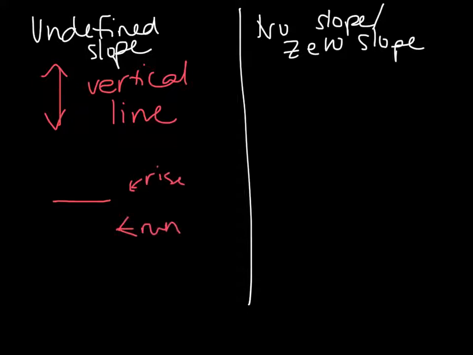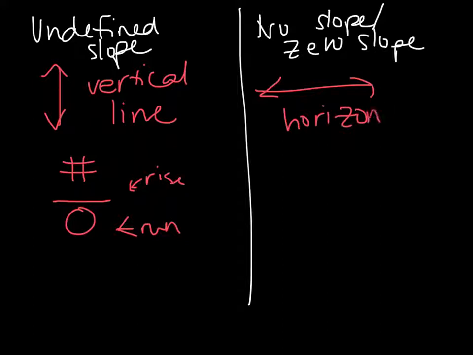Well, in this case, there is a lot of rise, so there's going to be a number here, and my run is going to be 0. So if I get that, it tells me it's an undefined slope. No slope is a horizontal line, and when I get that fraction, there is no rise, but there is going to be a number here for the run. So if I get a 0 in the denominator, it's undefined. If I get a 0 in the numerator, it's no slope.